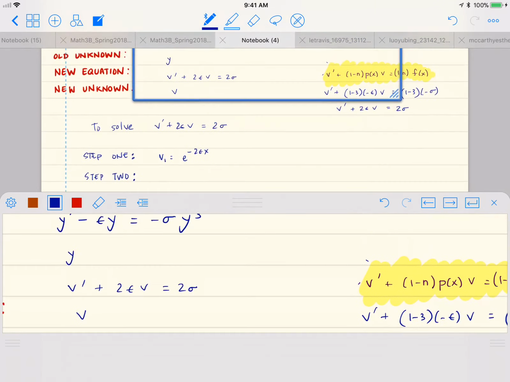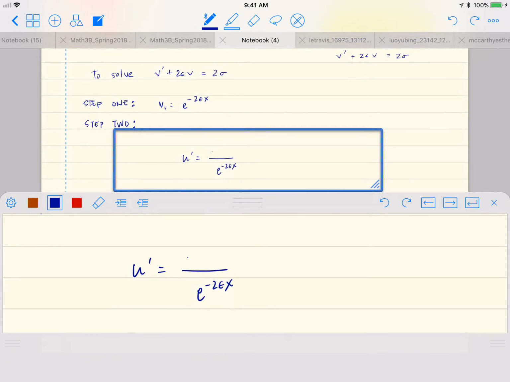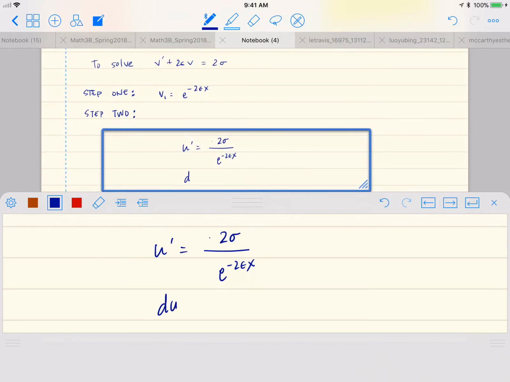And in the numerator, we'll have this forcing term here, 2 sigma. We can rewrite this in integral terms. We can actually simplify this. What is 2 sigma divided by e to the negative 2 epsilon x? That's going to be 2 sigma e to the 2 epsilon x dx.